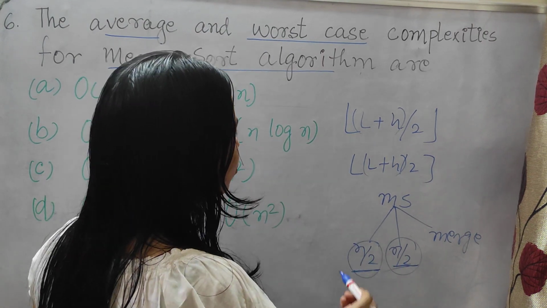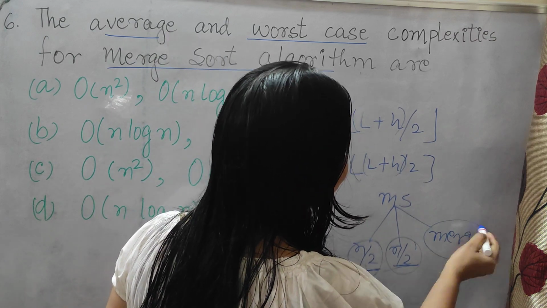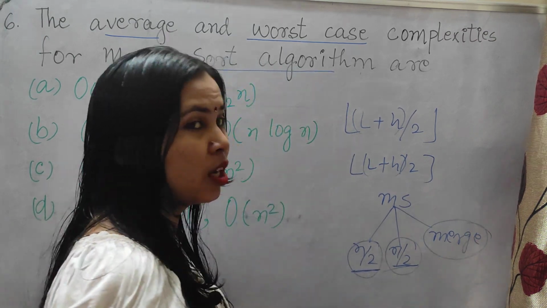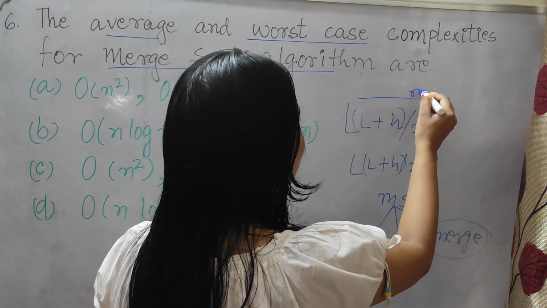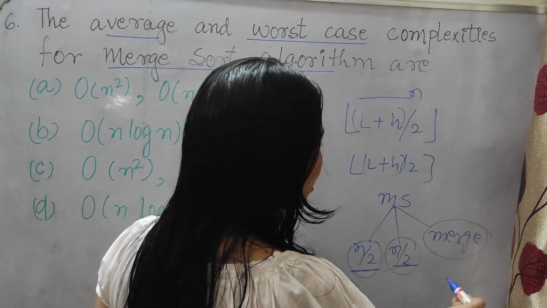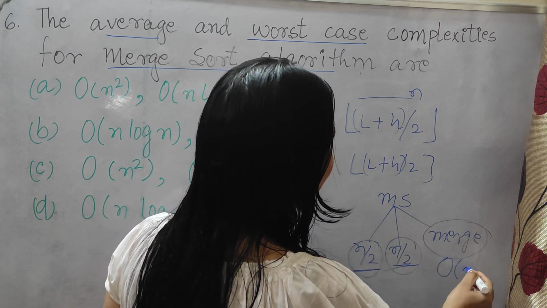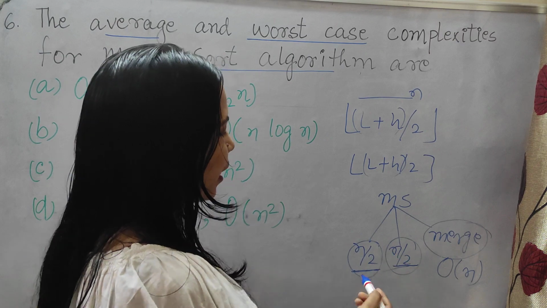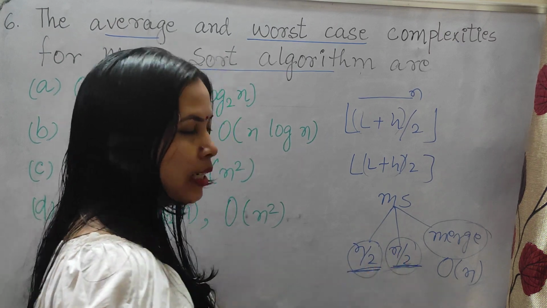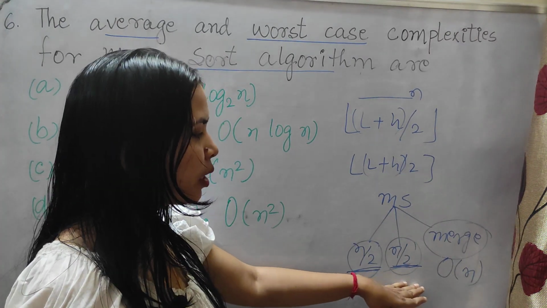We merge the numbers until we have all n elements, so merging takes the order of n time. And n by 2 is because we divide the left part and the right part.